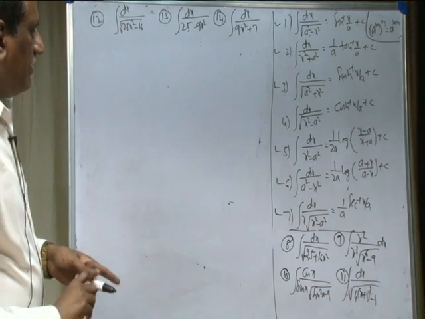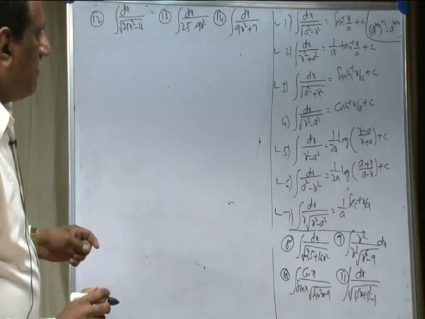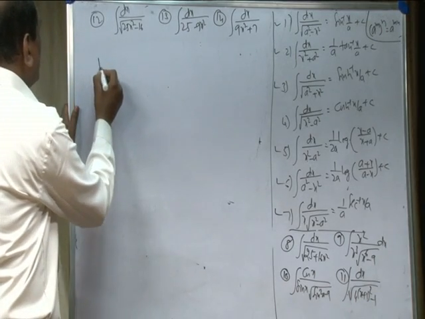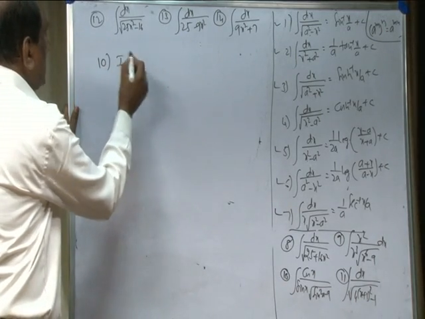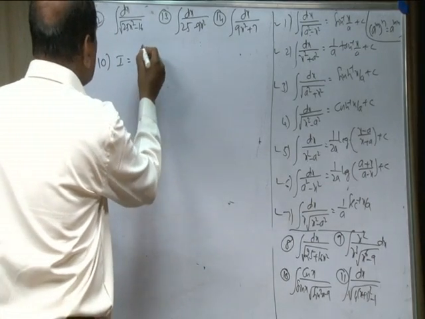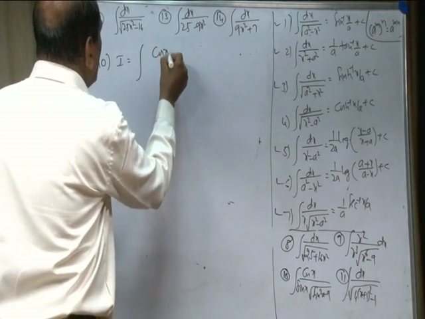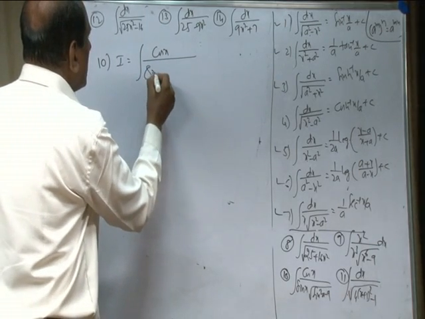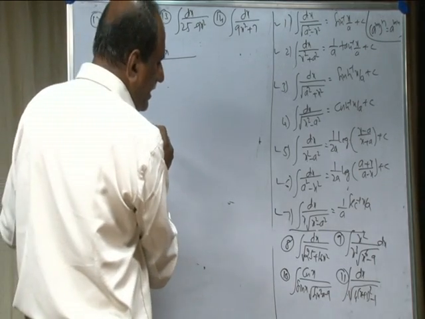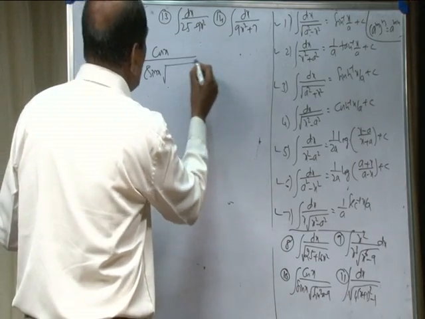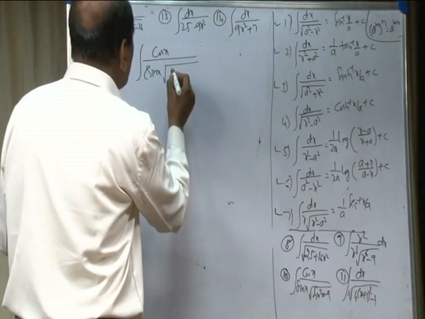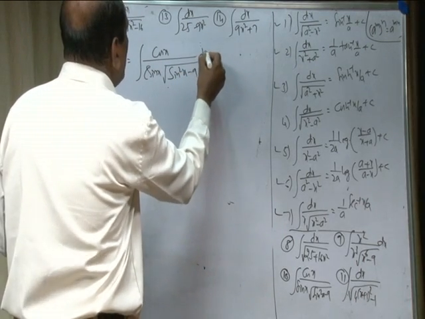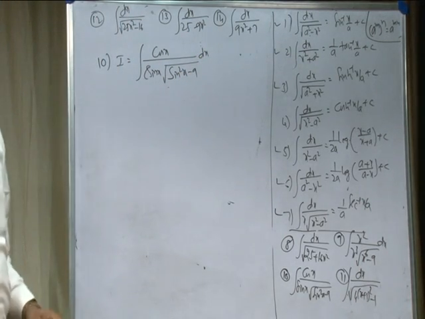So, next problem, the 10th problem: integration of cos x divided by sin x into root of sin square x minus 9, with variable of integration dx.